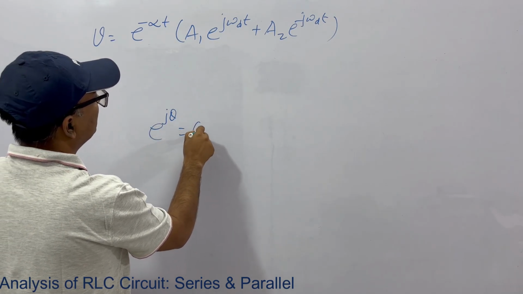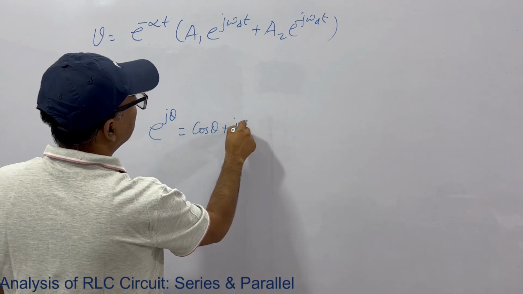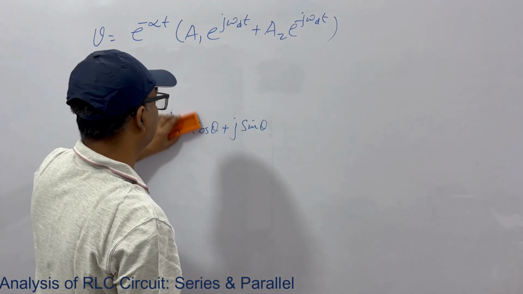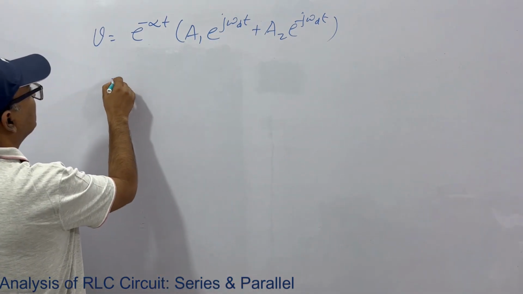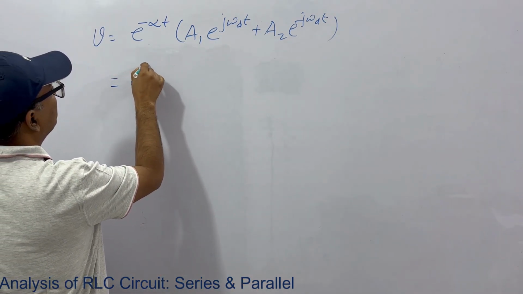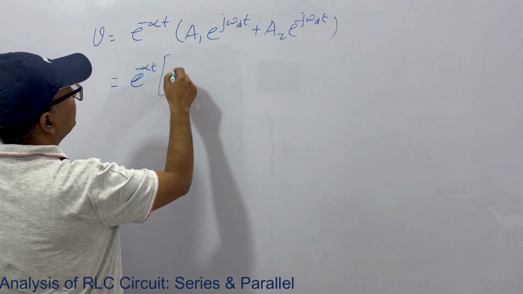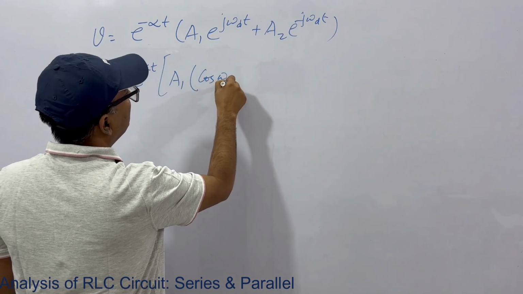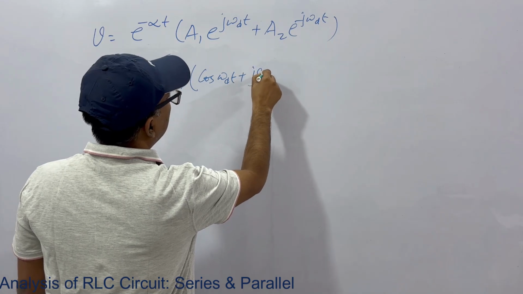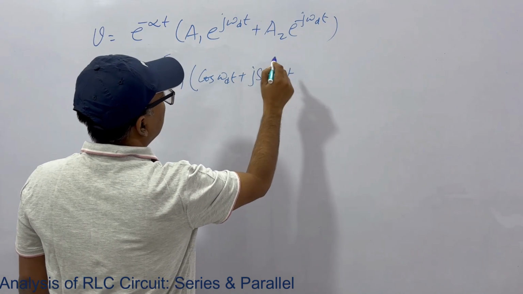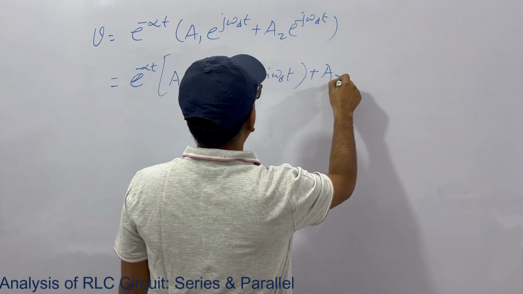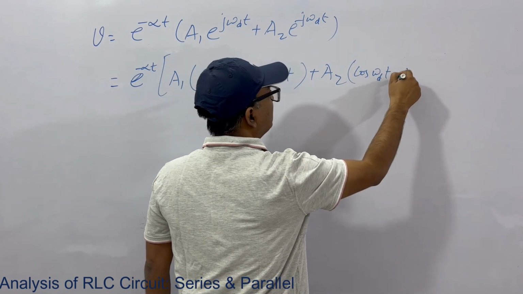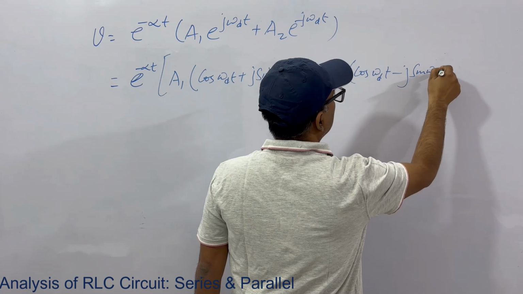It is given as cos theta plus j sin theta. And if this is minus, you will have cos theta minus j sin theta. So if you put it like that, you will get e to the power minus alpha t, a1 into cos omega d t plus j sin omega d t, and then a2 into cos omega d t minus j sin omega d t.